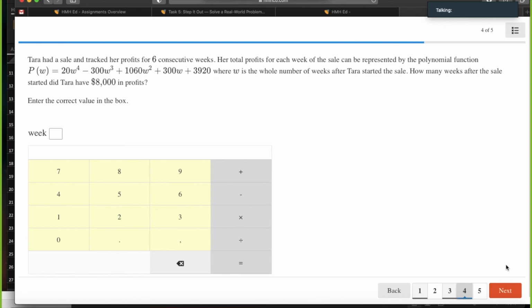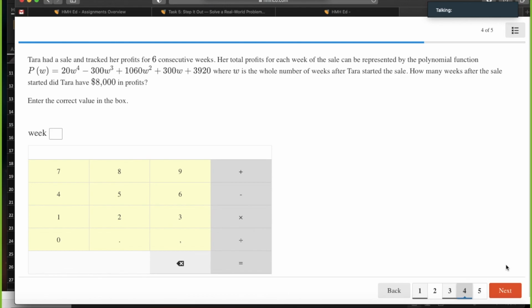So Tara had a sale and tracked her profits for 6 consecutive weeks. Her total profits for each week of the sale can be represented by the polynomial function, that big long thing, where W is the whole number of weeks after Tara started the sale.